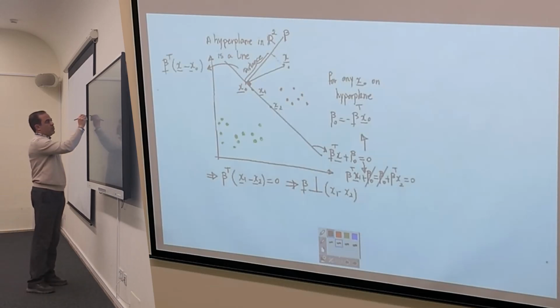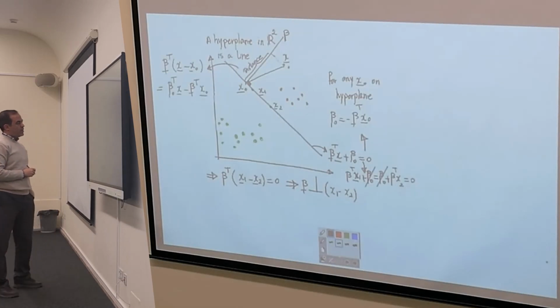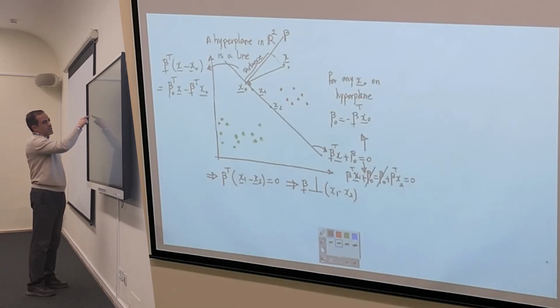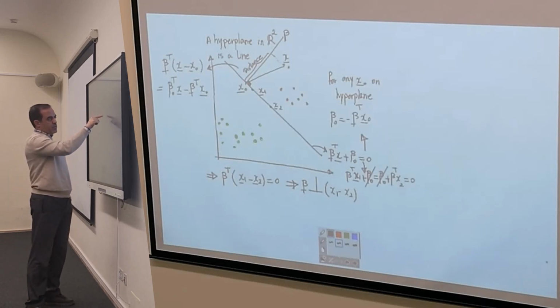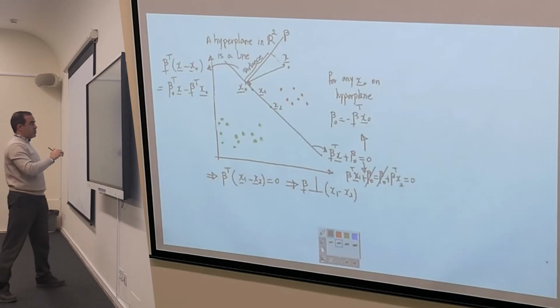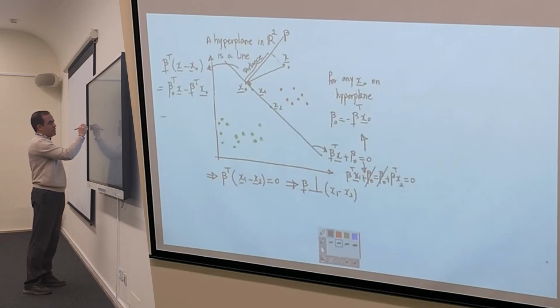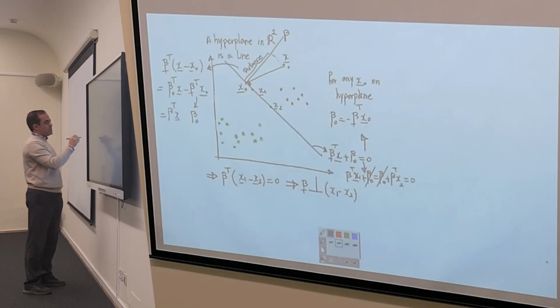And it would be equal to what? The beta transpose x minus beta transpose x0. And this beta transpose x0, as we could see here, is minus beta 0 or beta null. So we can put the beta null here and the beta transpose x also here.